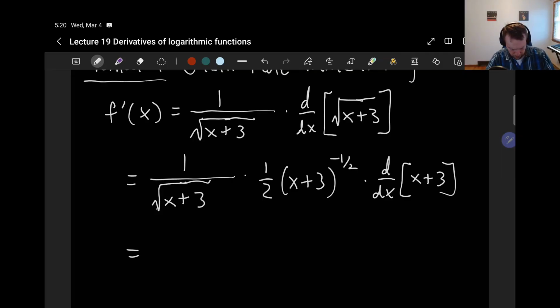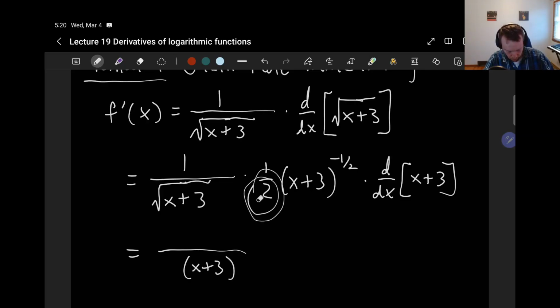Now, notice something interesting. I've got a square root of x plus 3 in the denominator. Because this is to the negative 1/2 power, that's also square root of x plus 3 in the denominator. So I'm multiplying the square root of x plus 3 with itself. The square root goes away. So there's just an x plus 3 down here.